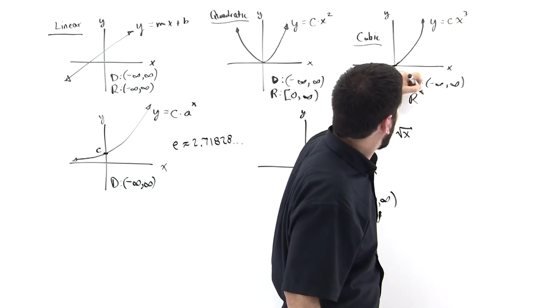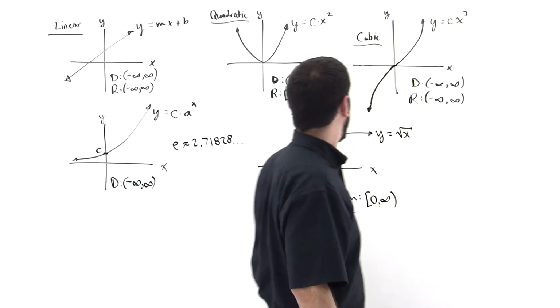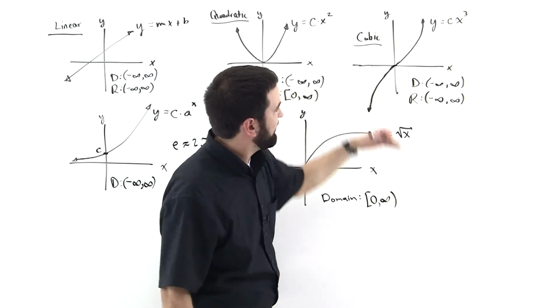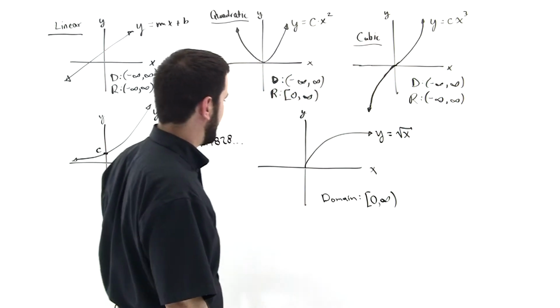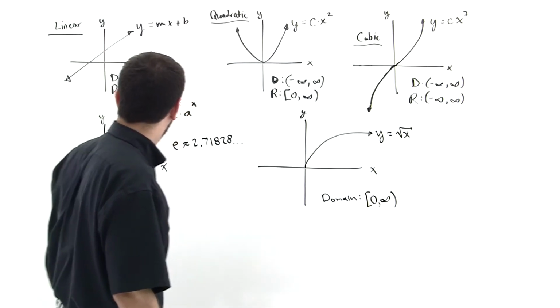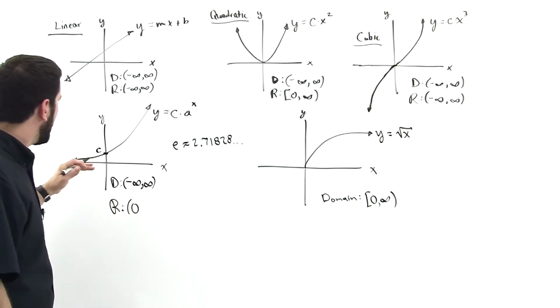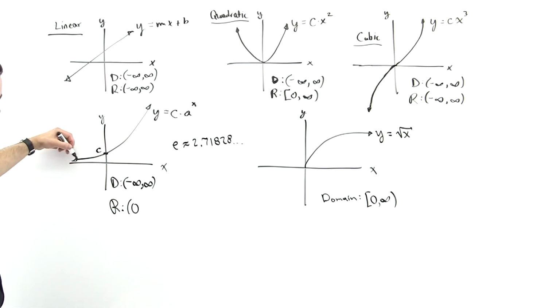The range for this guy will be negative infinity to infinity, right? Because it goes negative infinity and it goes positive infinity in the y direction. And the range for this guy will be 0, open bracket, because this is asymptotic, meaning that it never touches but becomes infinitesimally close way out here, right?